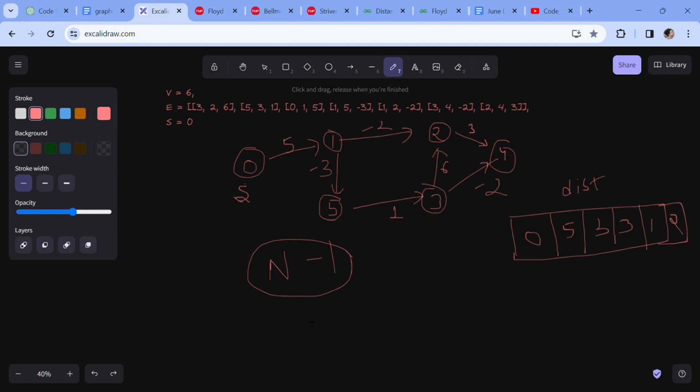This minimizing of the distance to reach every node is called relaxing of edges. Relaxing of edges means we are exploring two paths.